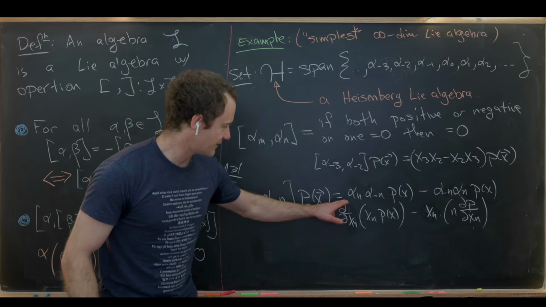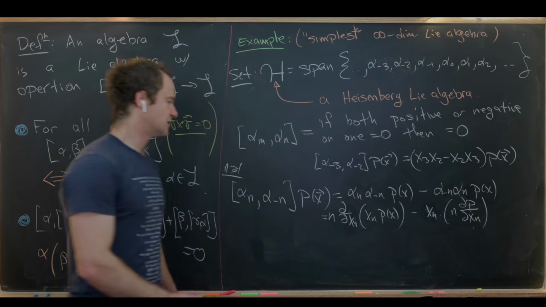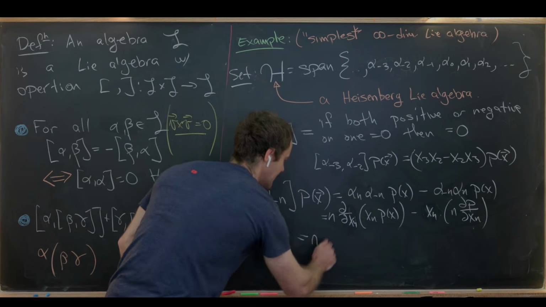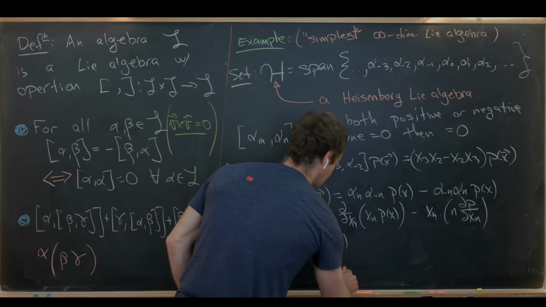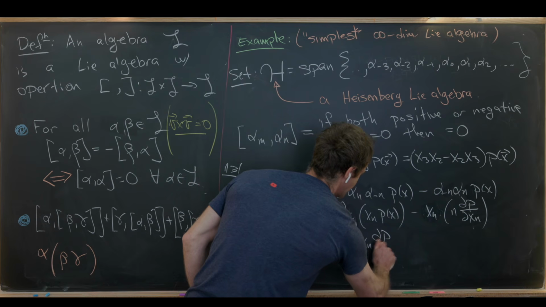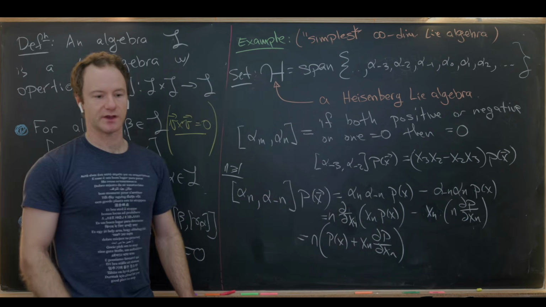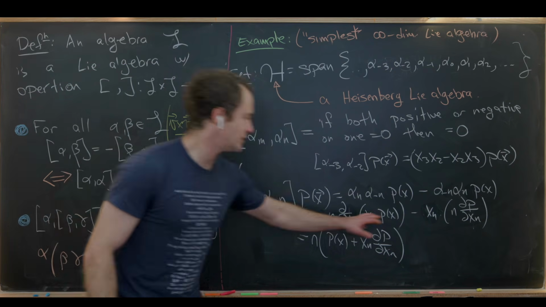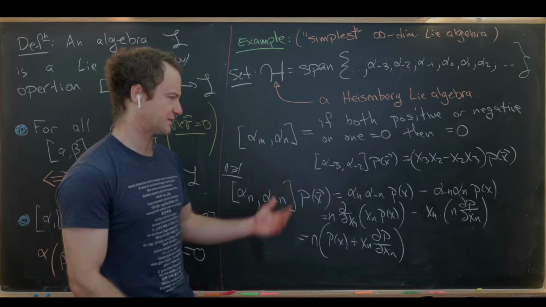If we take the derivative of this with respect to xn, we have to use the product rule. So we'll get n, and then we'll have p of x plus xn partial p with respect to xn. That's what we get for the product rule here. And then over here, we don't have the product rule anymore, we just have multiplication.